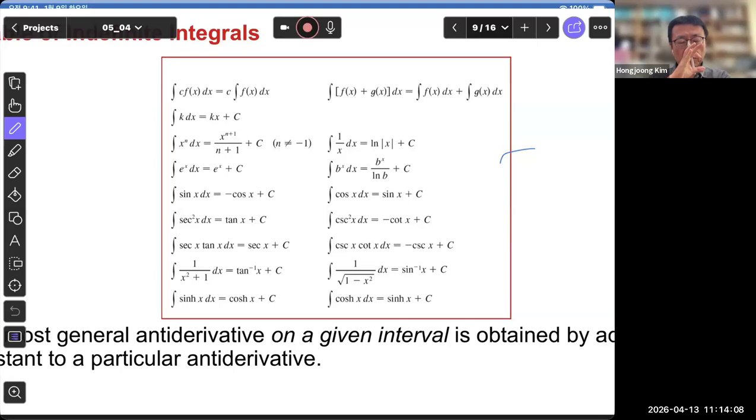Okay, so we will have some problems in the midterm, but there will be more problems, and after the midterm, the problems may be a little bit more complicated than those in the midterm. So you need to practice the integration now so that you can get used to this integration procedure. Okay, so please practice.